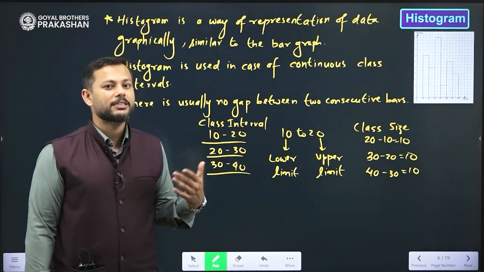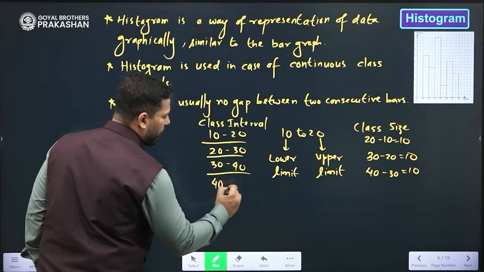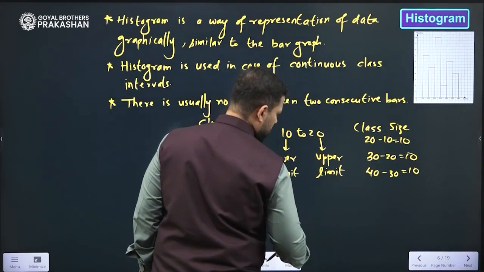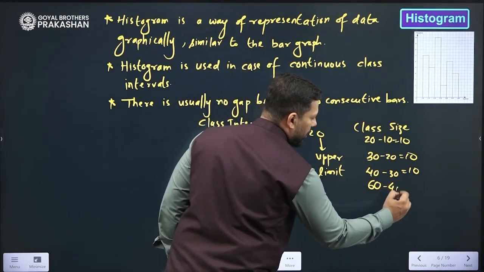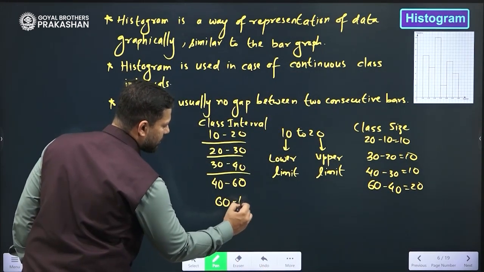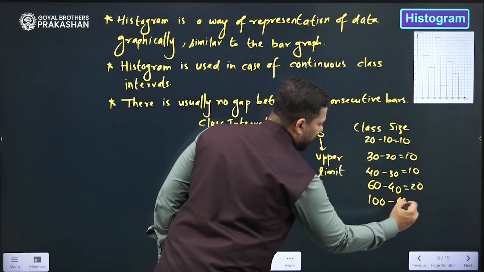If the class size is different, like now if I write after 30 to 40, if I take 40 to 60, what is the class size over here? We see that since it is 40 to 60, the difference of upper limit and lower limit gives us 20. Next, if I take it as 60 to 100, the difference is going to give us 40.